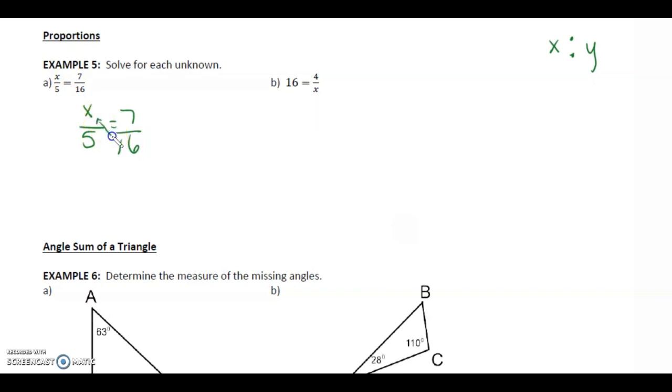So the x and the 16 work on a rope here for cross multiplication, and the 5 and the 7 work on a rope as well. So here's the thing. A lot of people, when they do cross multiplication, they insist on moving everything up, okay? So you could move the 16 up and get 16x, and then you can move the 5 up, so it'd be 5 times 7, which is 35.